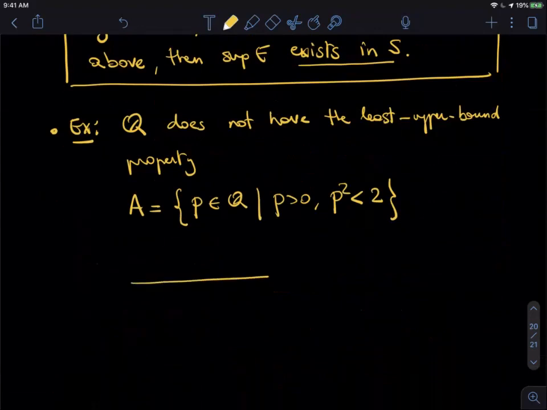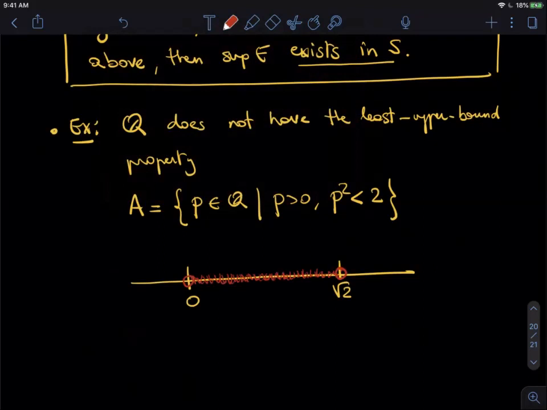Remember? So it was all these rational numbers in between 0 and square root of 2, leaving out square root of 2 and 0.